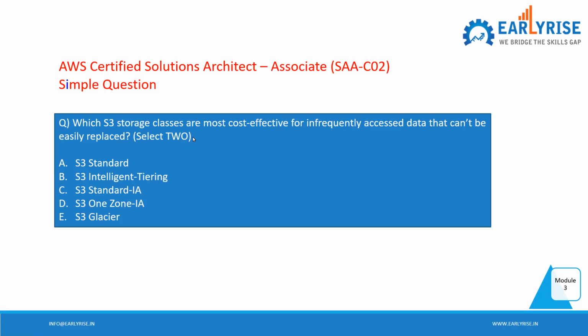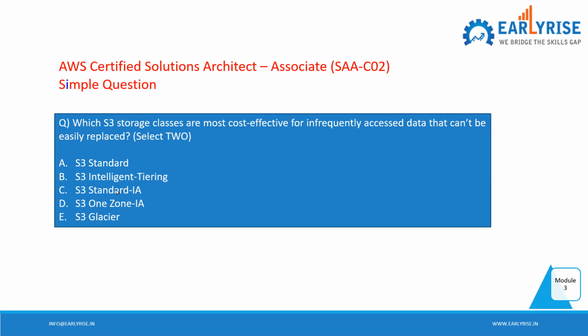So which S3 storage classes are most cost effective for infrequently accessed data that can't be easily replaced? Natras, S3 Standard is for frequently accessed data, so you both have discarded it. Now Dharma says C and D, and you are saying B and C. B and C is like Intelligent-Tiering. What Intelligent-Tiering will do is put some data in S3 Standard and some data in infrequent access.